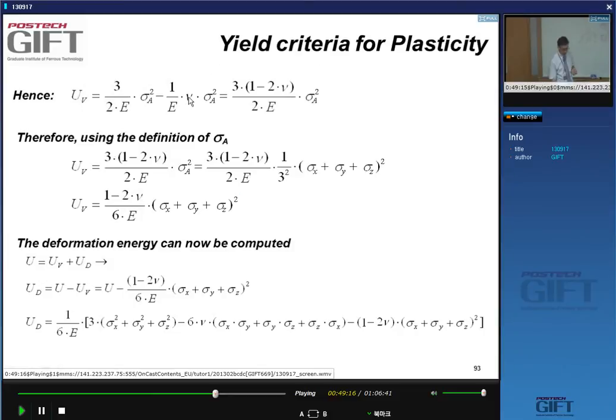And so this is what I get. That is basically the work needed to do the volume change.